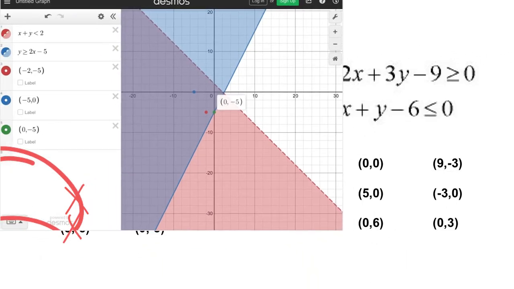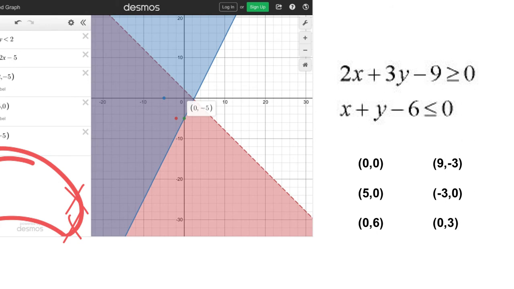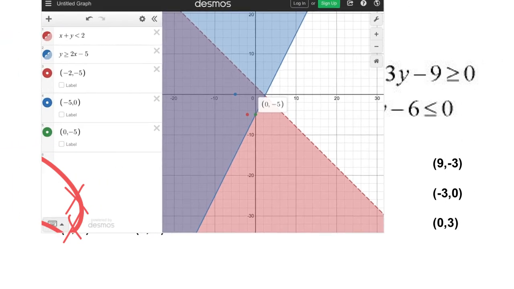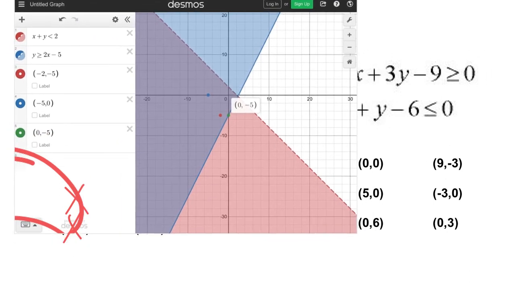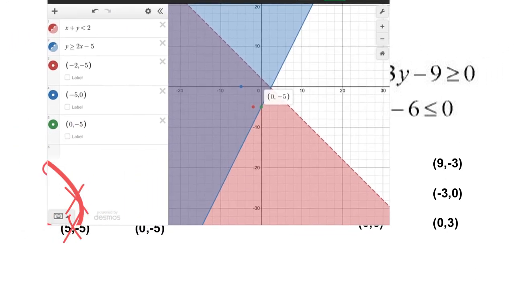All right, we're going to do one more together and then let y'all try a couple. 2x + 3y − 9 ≥ 0. x + y − 6 ≤ 0.